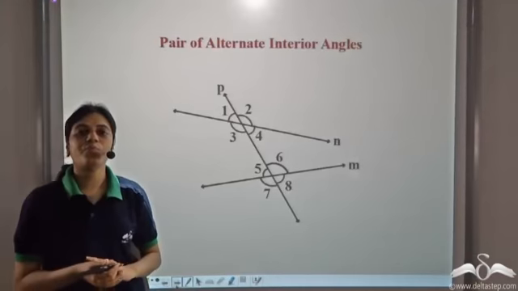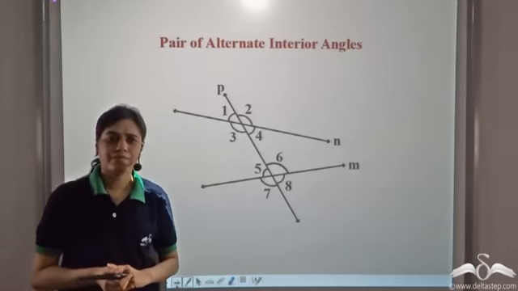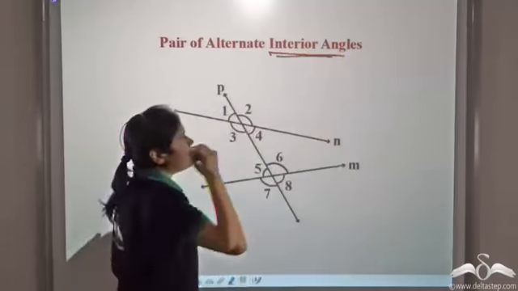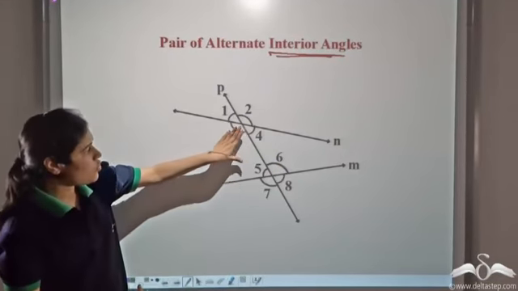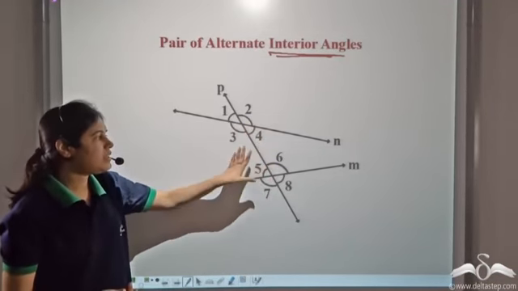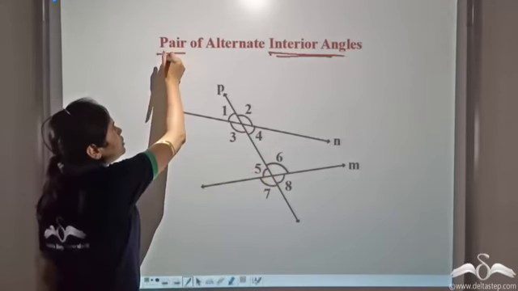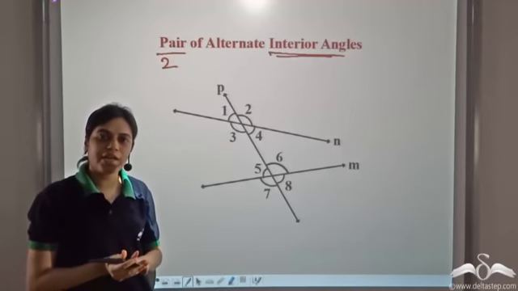Now let us come to pair of alternate interior angles. What does it mean? Interior angles means they will lie within the two lines. So they will be among these four angles. Pair means two angles are together called alternate interior angles.